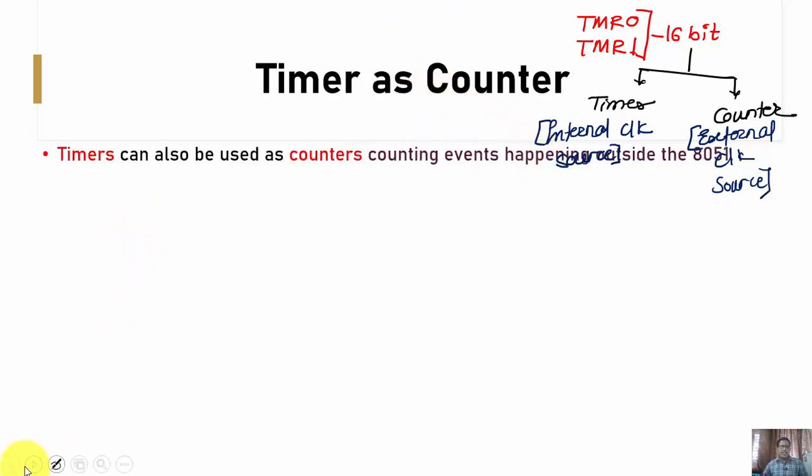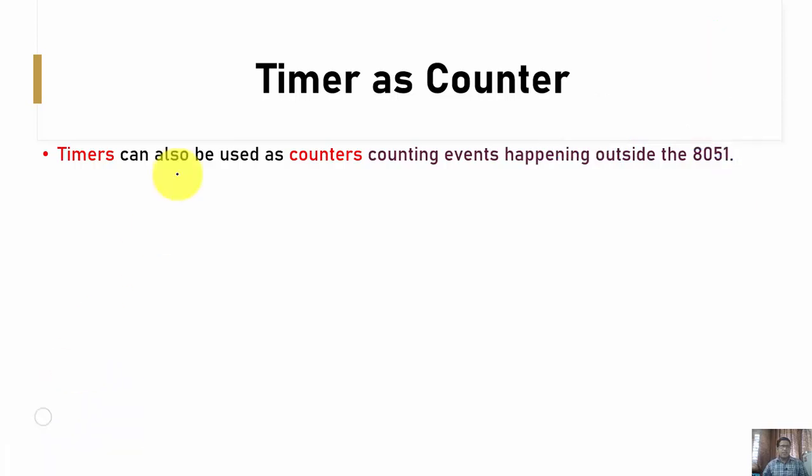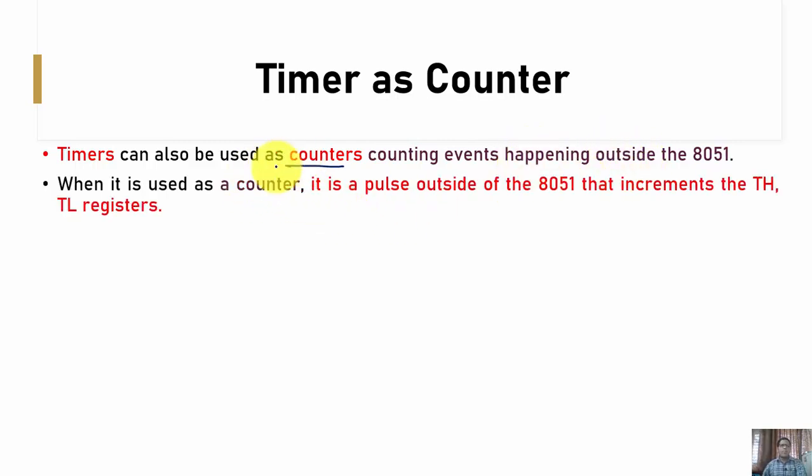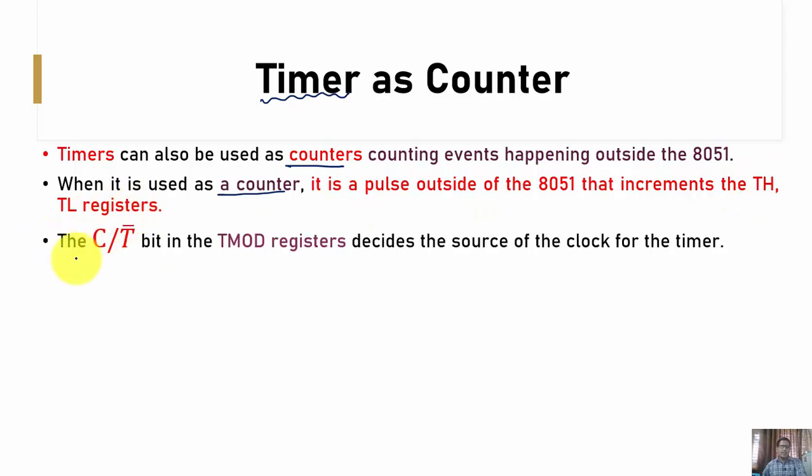The timer can also be used as a counter in order to count events which are happening outside the 8051 microcontroller. When the timer block is used as a counter, it is a pulse outside the 8051 microcontroller that increments the TH and TL registers, right?